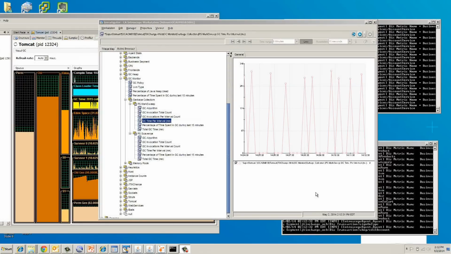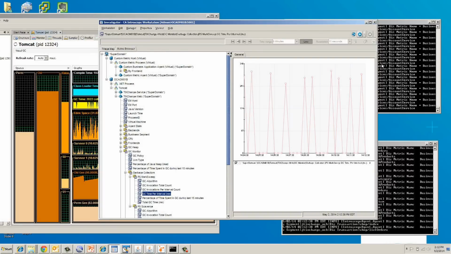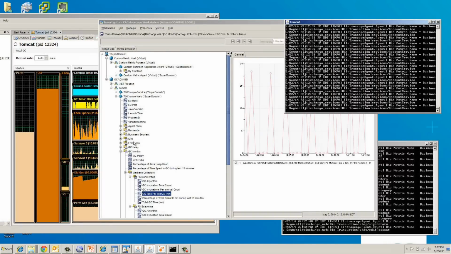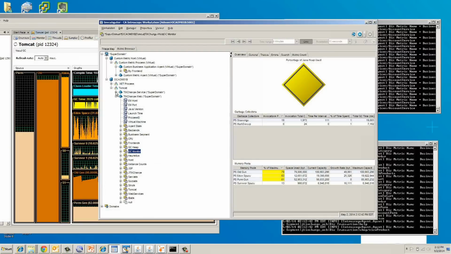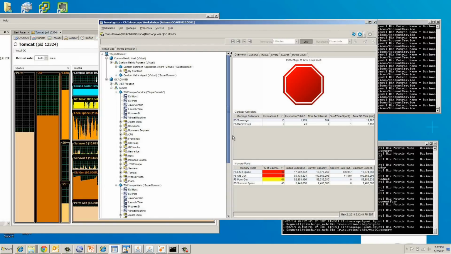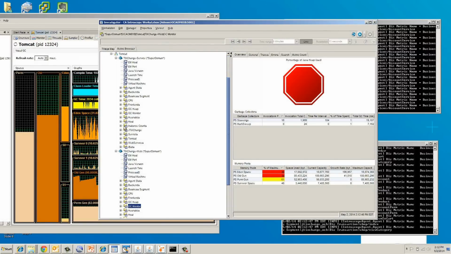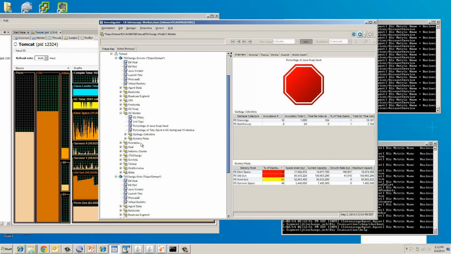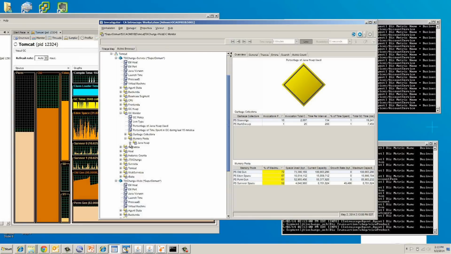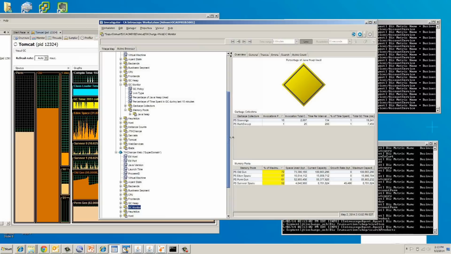Okay, now let's take a look at a different JVM configuration. So I have my other server. I'm running IBM JVM, and if I show you the memory, right? Did you see memory for my IBM JVM? Okay, so I have memory pools, I have collectors. I'm going to go ahead and open my memory pool, and notice that I only have a Java heap.